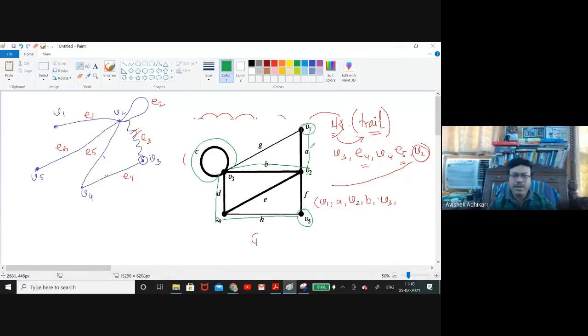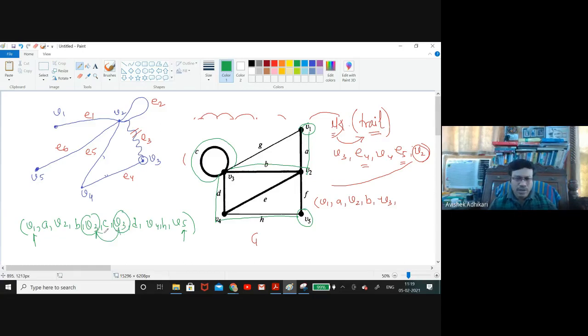If I write it like this, I start with V1, then A, then V2, then B, then V3, then C, then again V3, then D, then V4, then H, then V5. So V1 is the initial vertex. This is nothing but an example of a walk. But note that here the vertex V3 appeared twice.